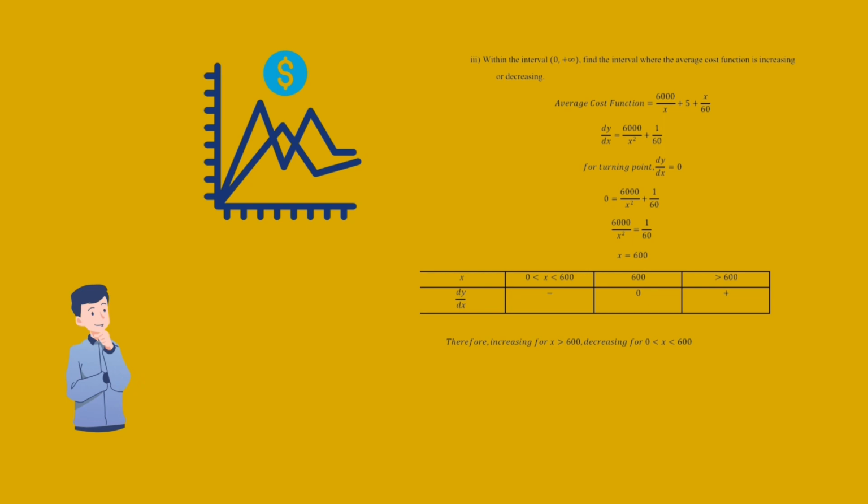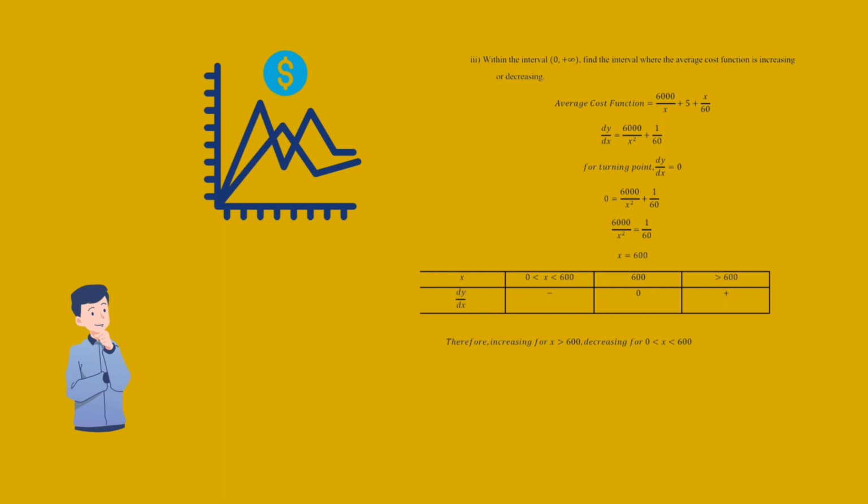And we substitute into the derivative: 0 equals negative 6,000 over x to the power of 2 plus 1 over 60. And then 6,000 over x to the power of 2 equals 1 over 60. And then we simplify, we get x equals 600.